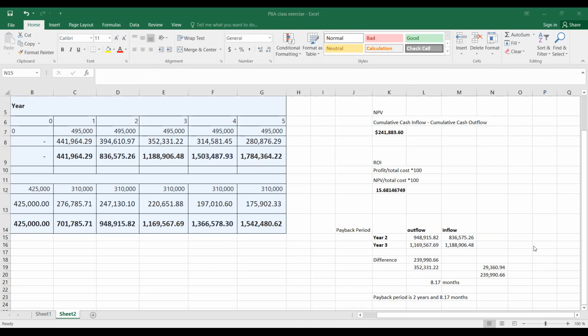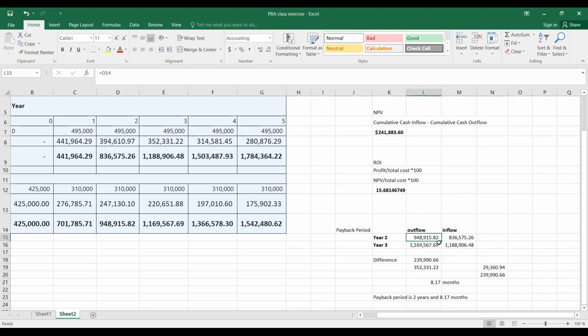All right, now please try your best not to confuse yourself too much. It's pretty simple. What you're trying to do here is find out the total amount you will need to get in order to reach the break-even point. Break-even point is whereby your inflow is equal to the outflow. So your inflow for year 3, you'll subtract it with the outflow for year 2, so you'll get the difference.